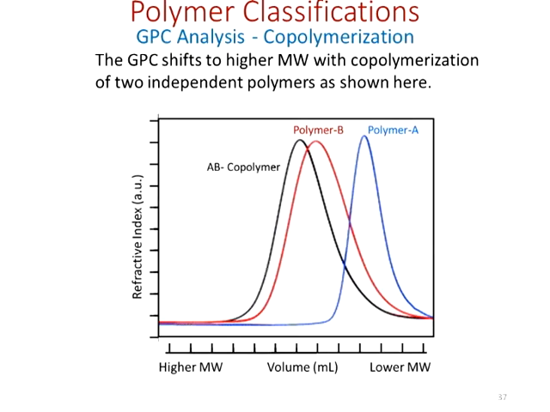We note that polymer B, shown in red in this slide, has a higher molecular weight or higher molar mass than polymer A. But when we combine these to make a copolymer, then the AB copolymer has an even higher molar mass than either A or B. So this helps us to classify and characterize the polymer.